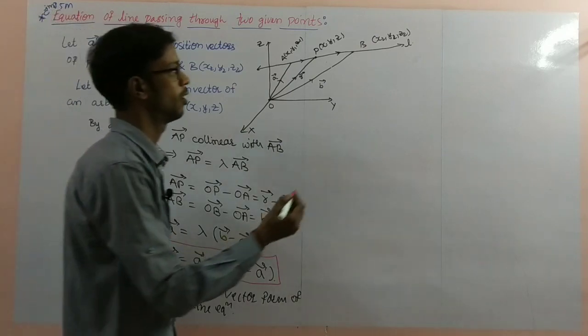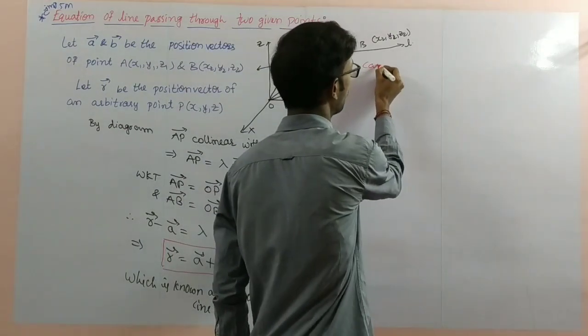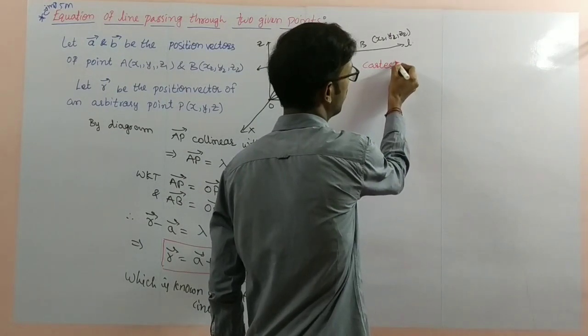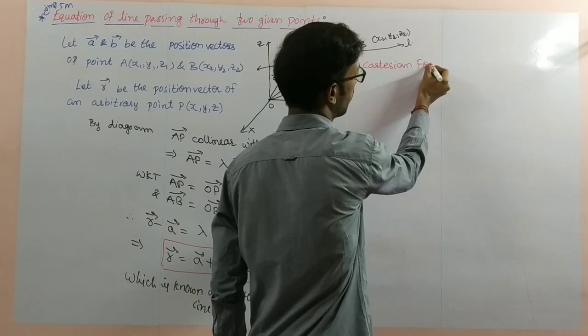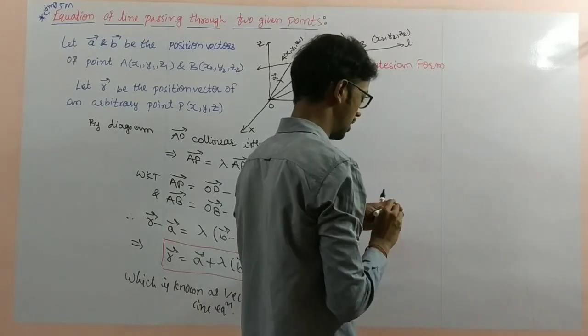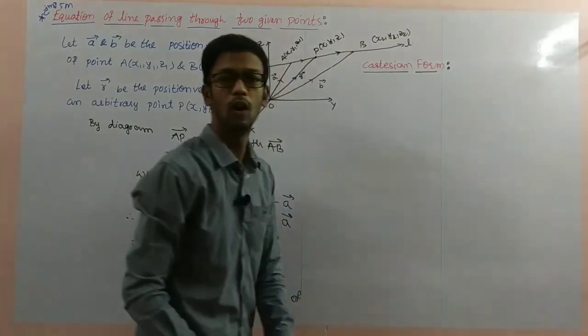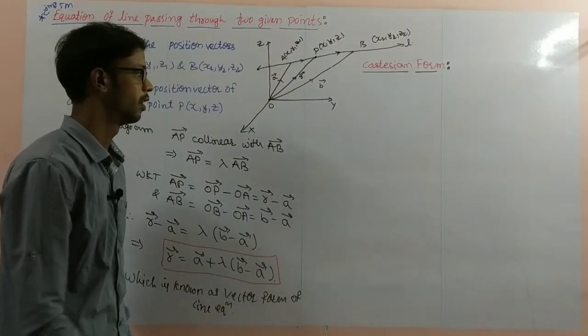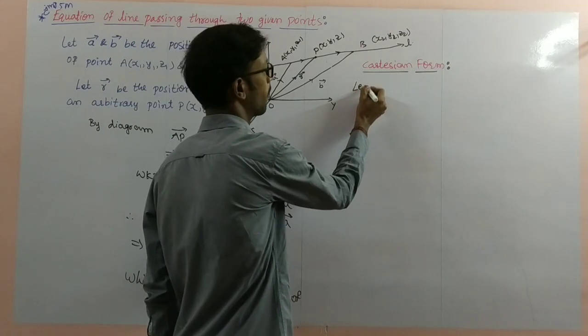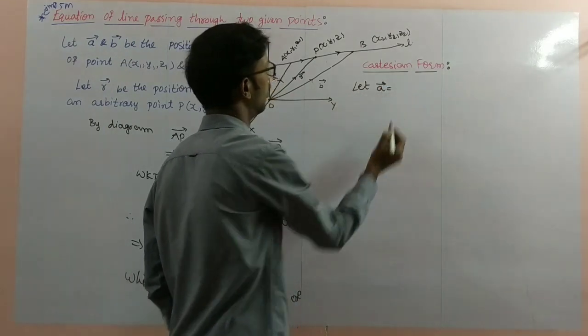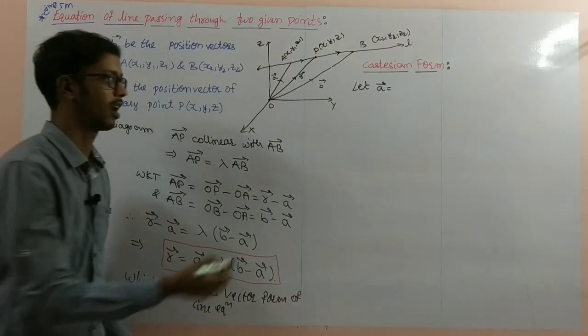Now we discuss the Cartesian form of the line equation passing through the given two points. Let A bar, OA bar, that is nothing but A bar.